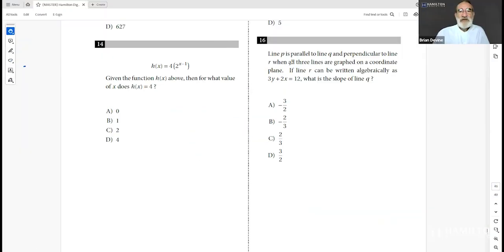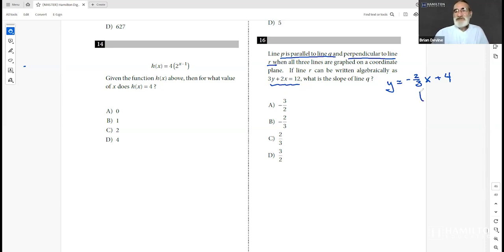Question 16. Line P is parallel to line Q and perpendicular to R. So P is parallel to Q. It's perpendicular to R when you graph all three of them. And line R can be written as this, which we could write as y equals negative 2/3 x plus 4, because I can subtract 2x from both sides and divide everything by 3.